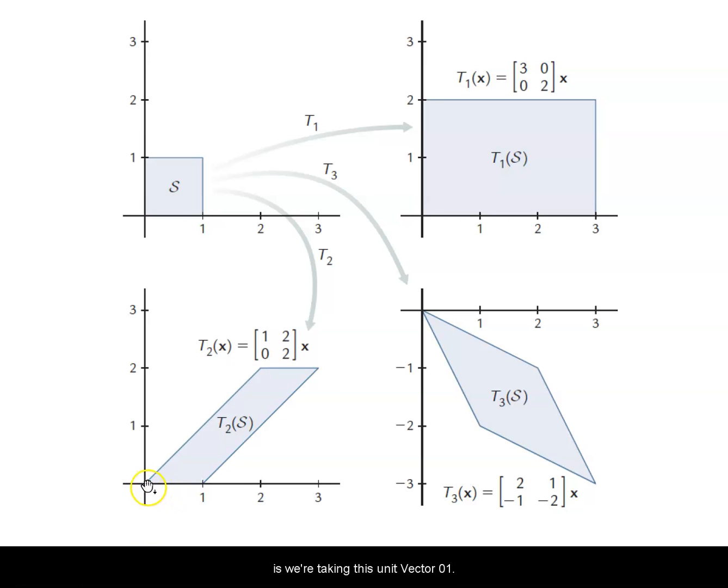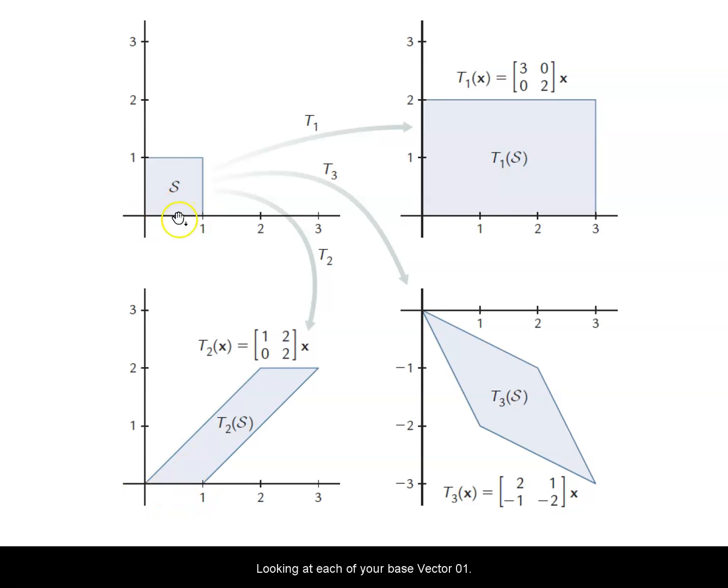So basically what we're doing is we're taking this unit vector, 1, 0, and we're saying, what does this do to it? Nothing. Then we take this vector, 0, 1, and we say, what does it do to it? It turns it into 2, 2. So if I go 2, 2, the vector that was here is now transformed into this vector, okay? So that's the 2 ways of thinking about this, right?